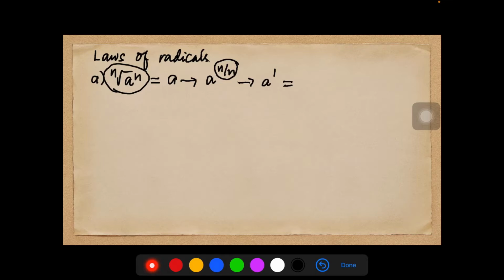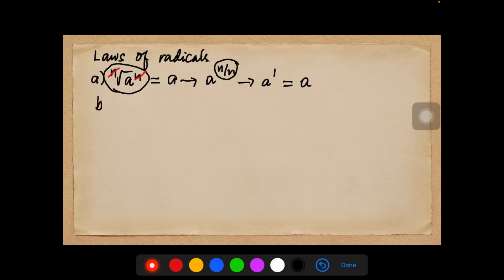That's why this particular law of radical is equal to a. Or simply, if they have the same index with the exponent of the radicand, then we can just cancel the exponent and the index. And there you go, we have the simplest form of it.